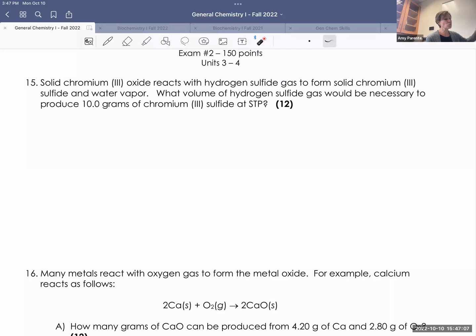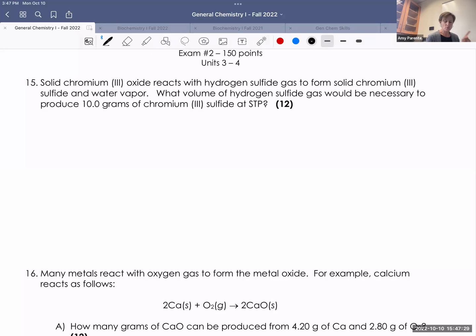You're always going to have one problem like that. Remember, these exams are worth 150 points, so this is not a ton of points, maybe 7 or 8% of your total. But it's really asking where students have their understanding, and am I able to put stuff together?